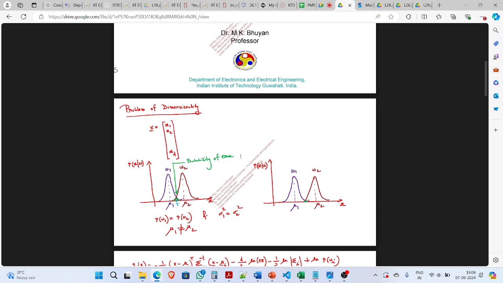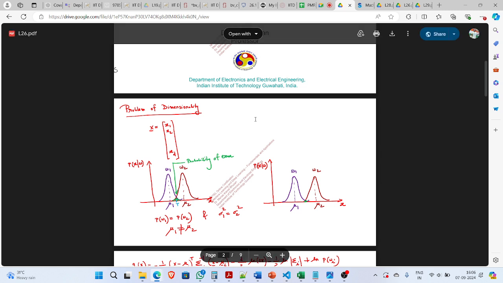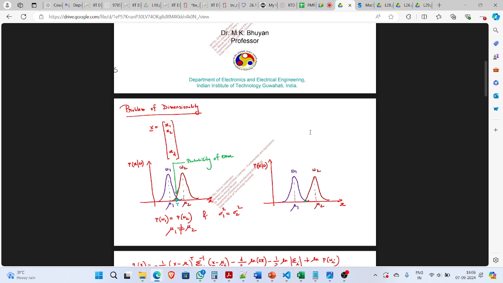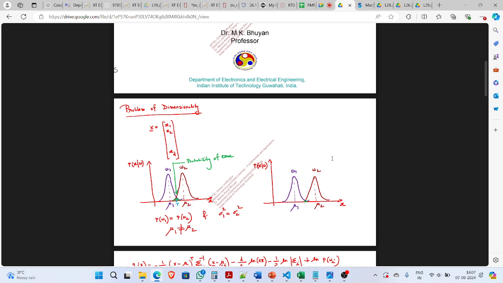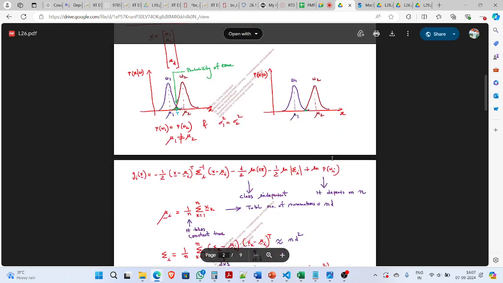This is the overlap, as you can see, this green area. Many a times if you take it to a lower dimension it may be separable. So one problem is that at a higher dimension it is not easier to separate two or more classes. So that is the problem of separability.